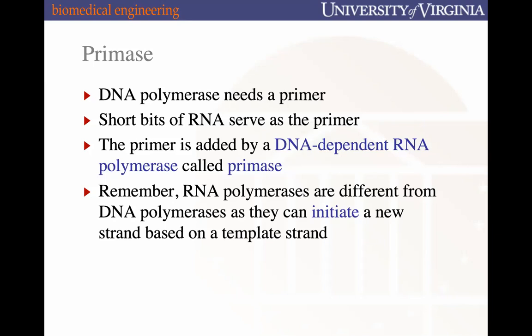Yeah, that's a good question. The only explanation I can think of is a protective mechanism against dysfunctional replication, like a safeguard or a check that requires a primer to initiate things.